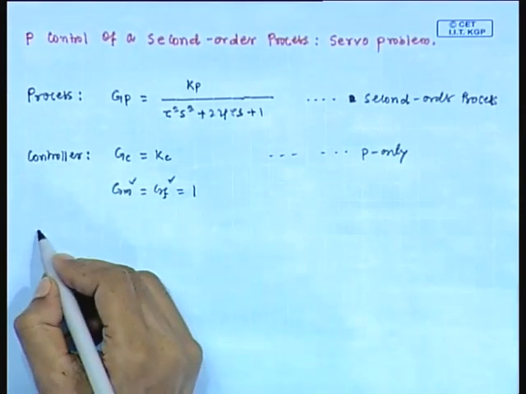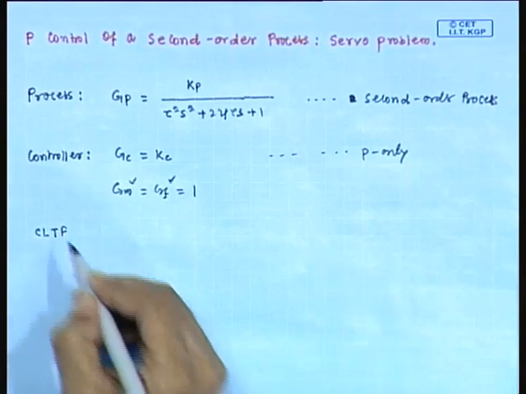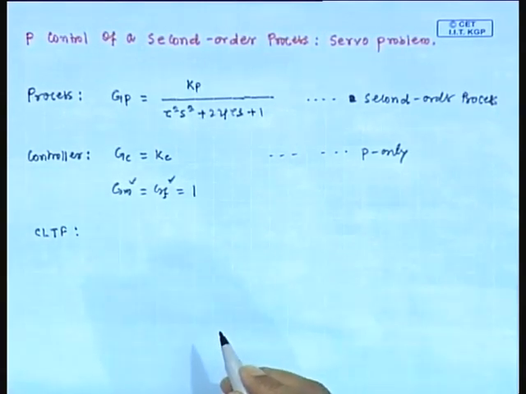Now, what is the general expression for closed loop transfer function?